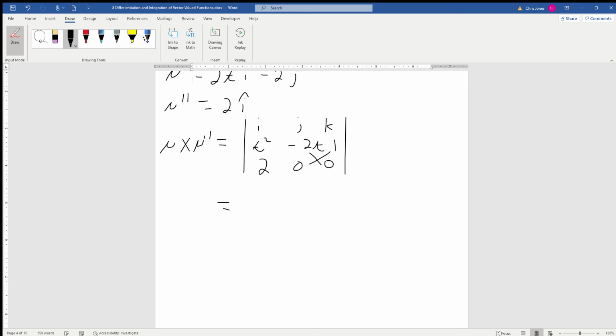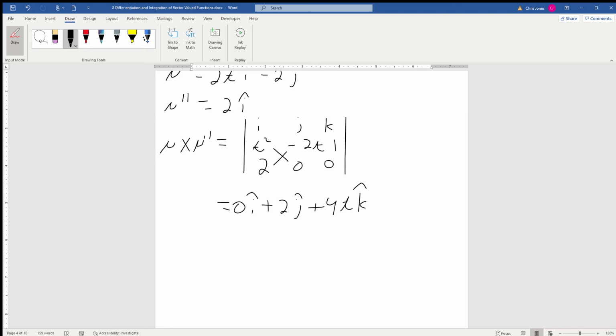When we cross those, that's just going to be 0i. Minus, if we cross the components to get j, we end up with a 0 and then a negative 2, so it's minus a minus 2, which turns into positive 2j. And then finally for k, that's going to be a 0 minus a minus 4t, so that turns into plus 4tk.